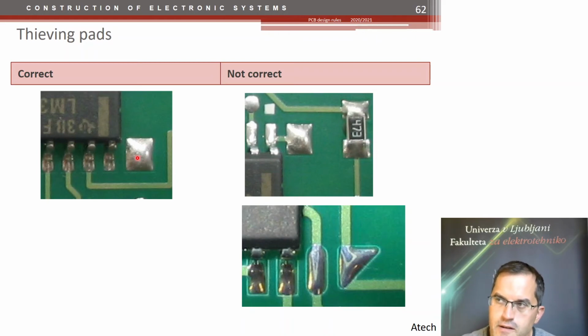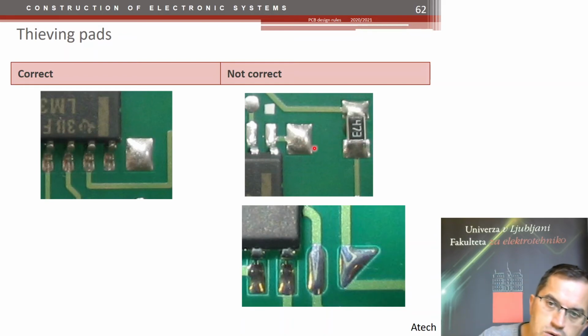Because if this pad, let's say here, accidentally makes a short to that one or that one, then you will have a problem. If it is unconnected, it can make a short to anywhere. Maybe here it's not an issue because this resistor is very far away from that pad. But if it was closer, then you could have a short between these two pins, and that would cause problems.